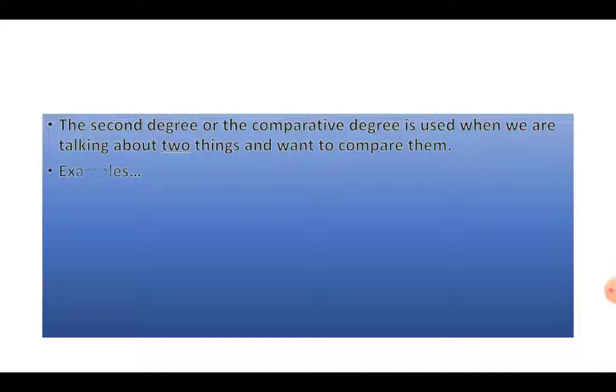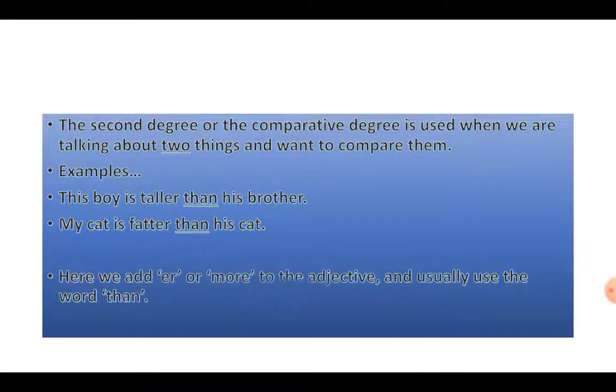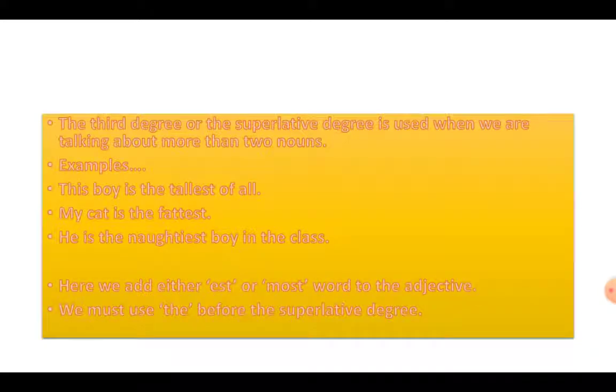Like if there are two brothers at home, one is taller, one is shorter, one is elder, one is younger, one is thinner, one is a little fatter. Like this boy is taller than his brother. What are we doing here? We are adding er to the adjective and using than after it.